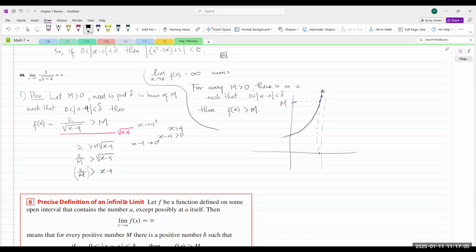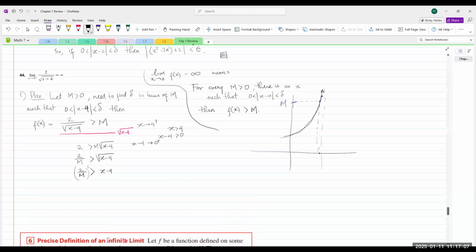Okay, so the choice we have is, I need the delta. So choose delta equals 2 over m squared.